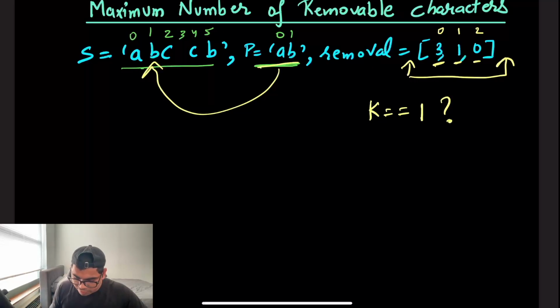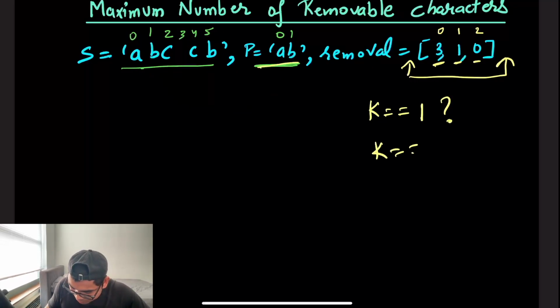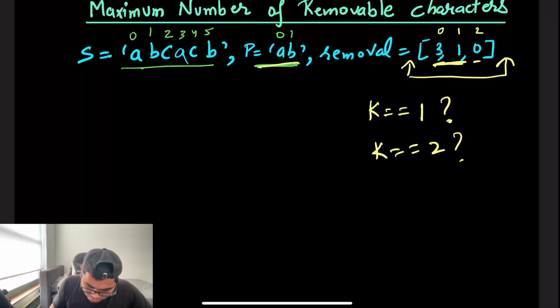How about if I increment my k now? So how about when k is equal to 2? That means I want to remove 3 and 1. What was 3? 3 was an a, right? I want to remove this one, and I want to remove 1, which is b. Is p still a subsequence of S?